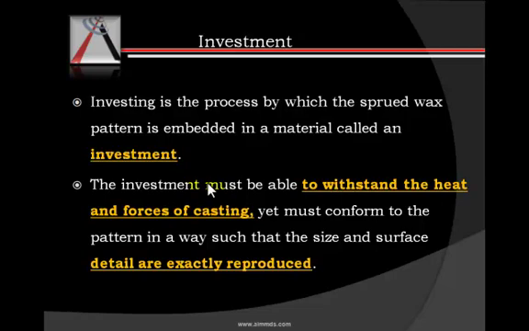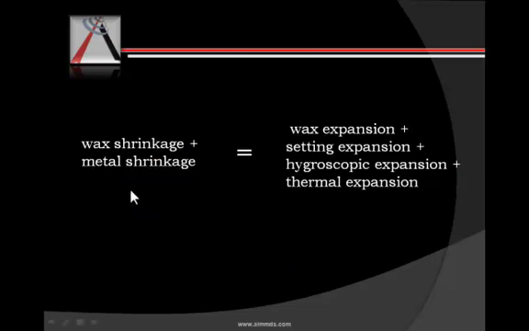Investment should be able to withstand all the heat and the forces of the casting, and plus it should also have a property to reproduce as many details as possible of the wax pattern into the casting. As we have already seen in the previous slides, this investment also plays a very important role in compensation of the wax and the metal shrinkage.